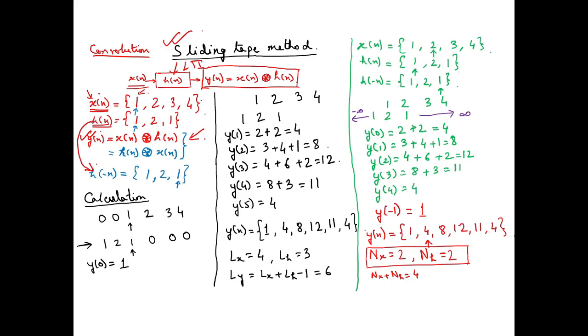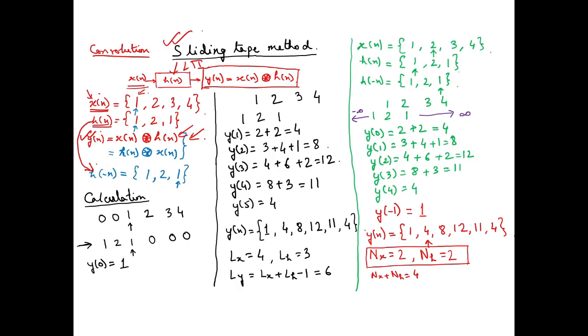So here I am talking about performing the convolution using this first method, x(n) convolution h(n). Whatever is the second signal, there you have to perform the time inversion. However, if you write h(n) convolution x(n), then you have to find x(-n).